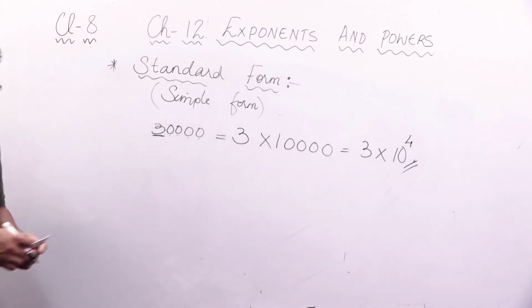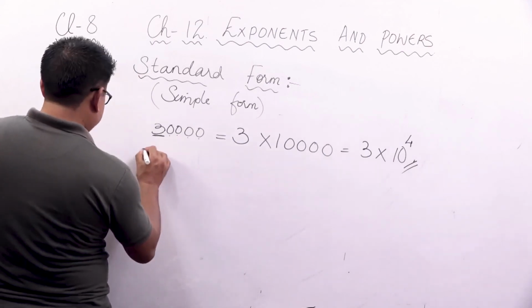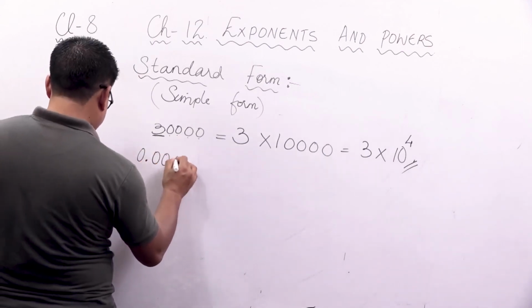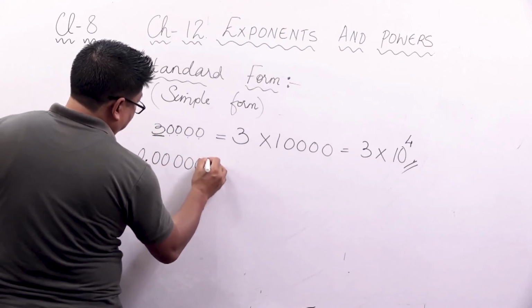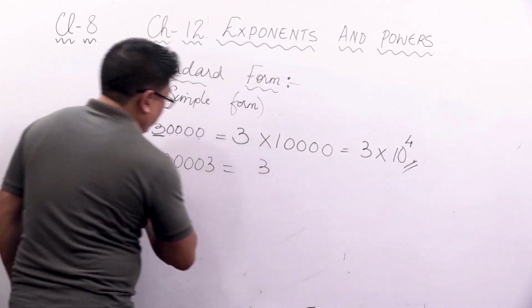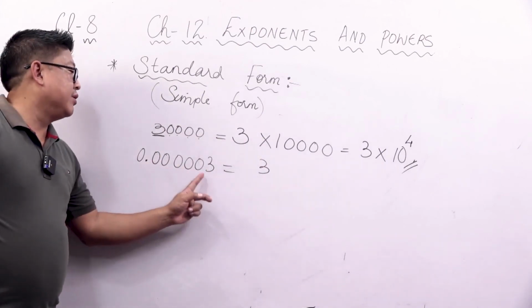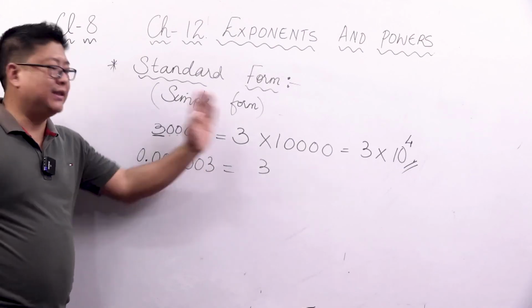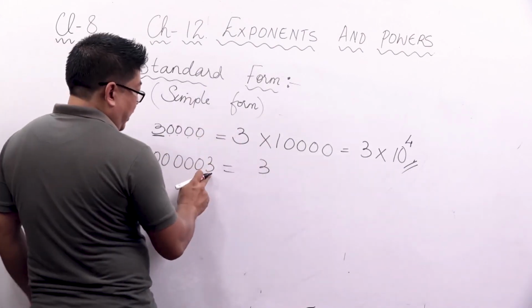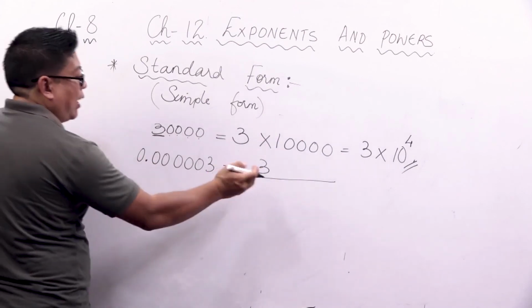All right. So when we talk about standard form, we can also take an example of a decimal, 0.000003. I want to change this to standard form. So I will write first 3, only the 3. Now, this time I want to remove the point, so I will divide.